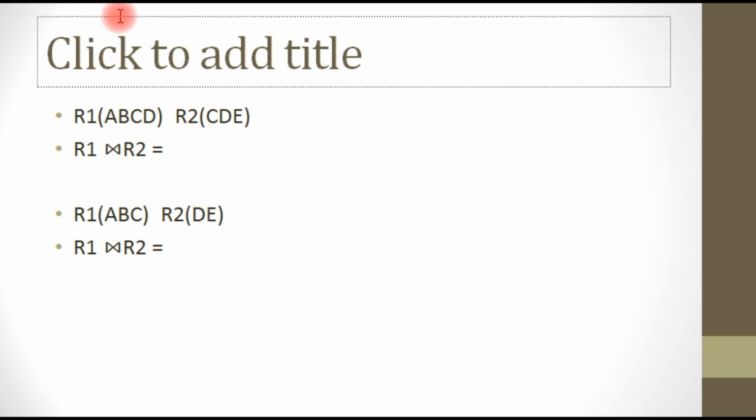Okay. Now see here, R1 contains 4 attributes A, B, C, D, and R2 contains C, D, E. So what will be the natural join of R1 and R2? C and D are common in both relations. So we will find R1 cross R2.